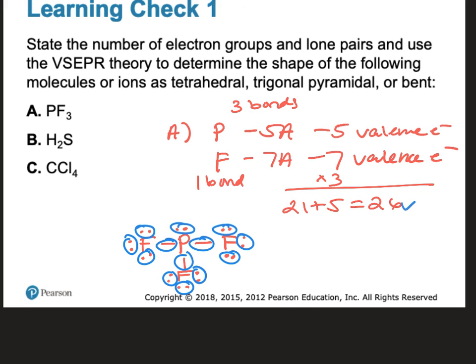Now let's look at phosphorus. Phosphorus has 4 electron groups, 3 of which are bonding, 1 is non-bonding. So your shape here is going to be trigonal pyramidal.